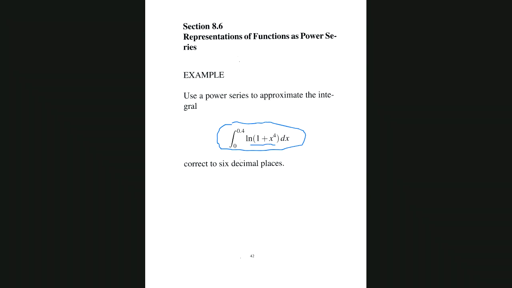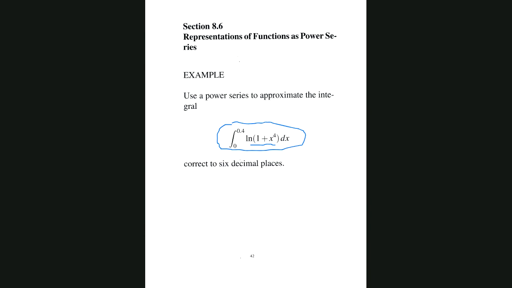Well, remember yesterday we had a problem dealing with the arctangent. What we did was we said the arctangent was the integral of 1 over 1 plus x squared dx, and then we were able to write the 1 over 1 plus x squared as a power series, and we were able to get an expression for the arctangent.